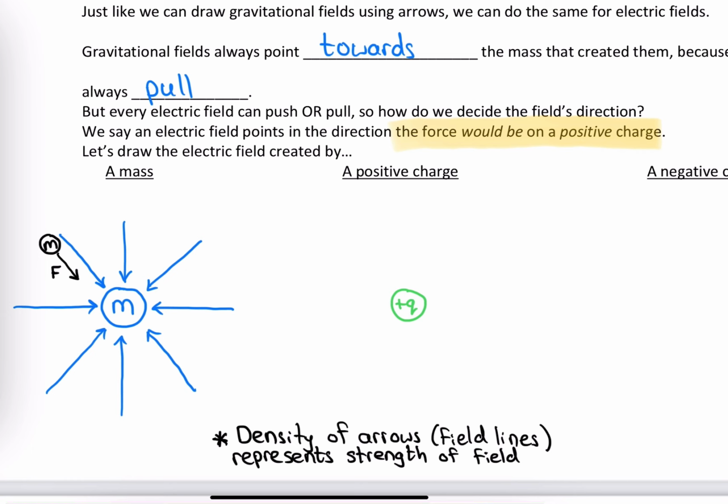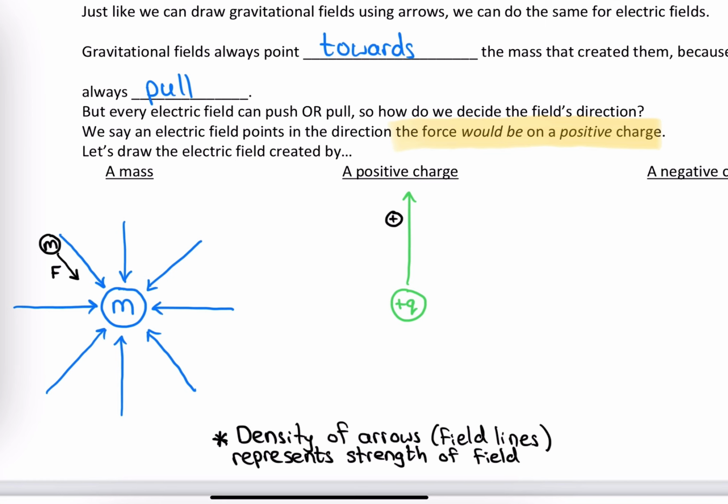So if I were to have an imaginary positive charge up here, which way would that guy feel a force from this guy? Well, we know that charges with the same polarity repel. So because these are both positive, they would be repelling each other. So that means the field created by this first one is going to be up.